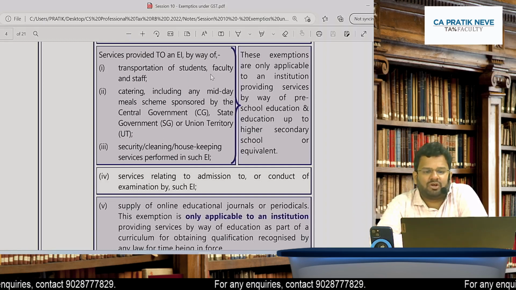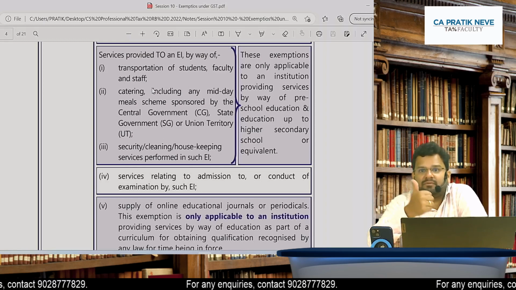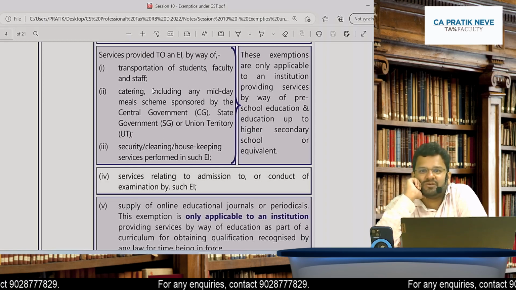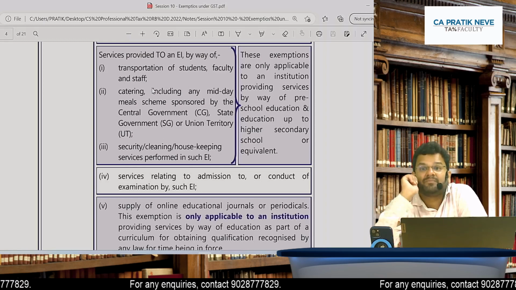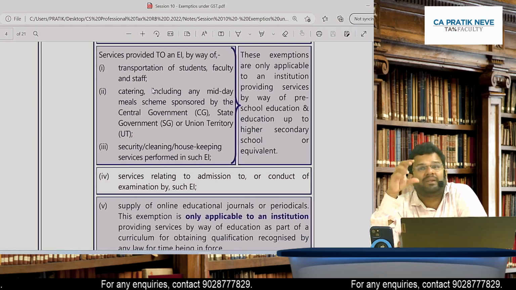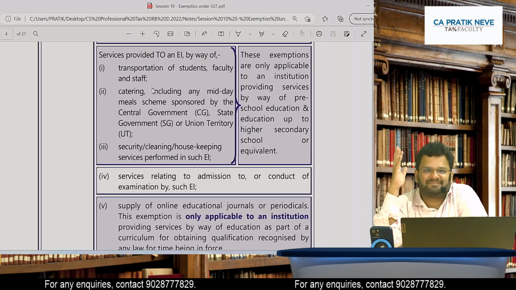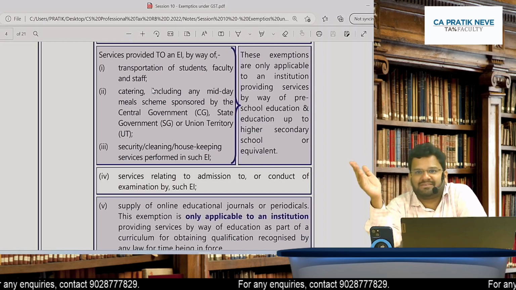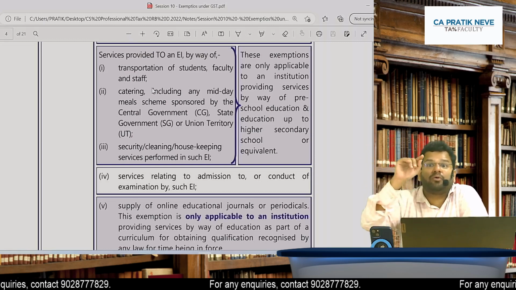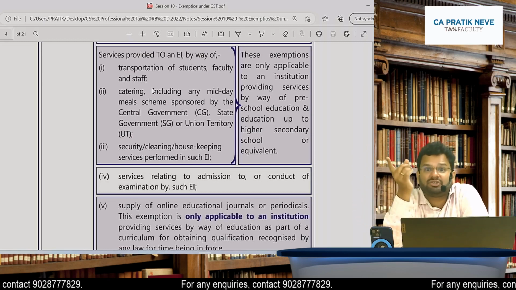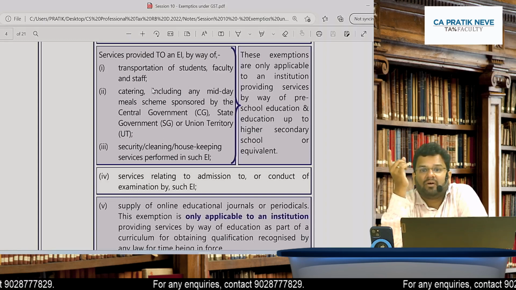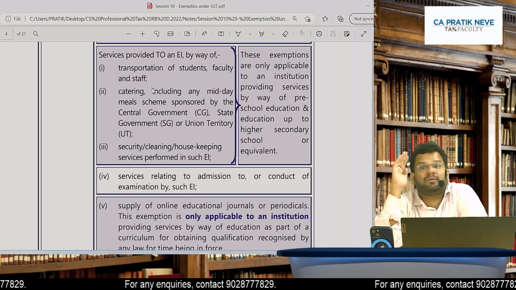So transportation of students, faculty, staff: one agency giving school vans on hire to schools will be exempt. But what about vans given on hire to a college? Yes, that will become taxable.